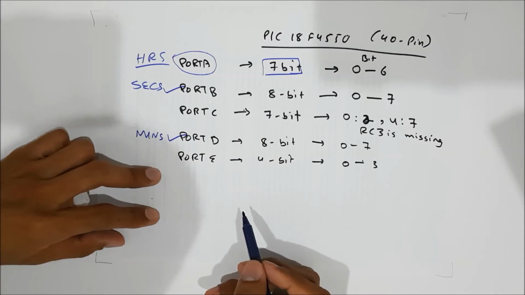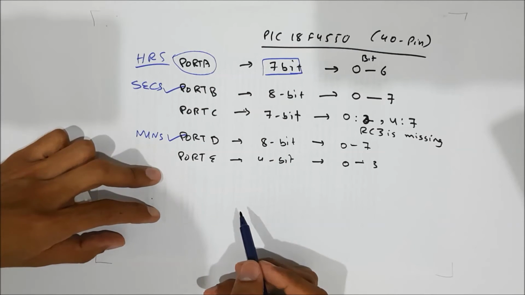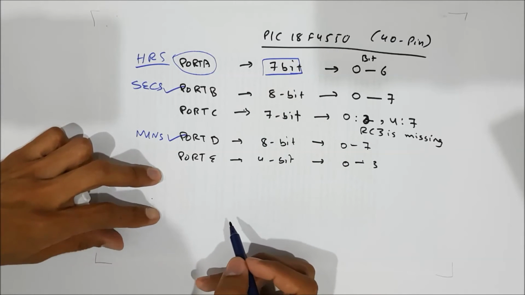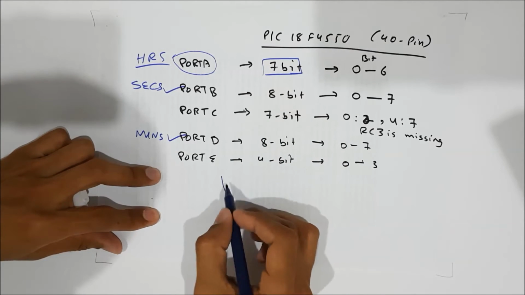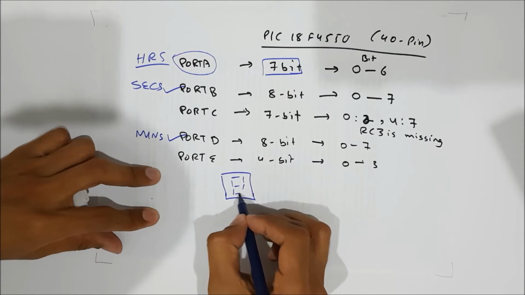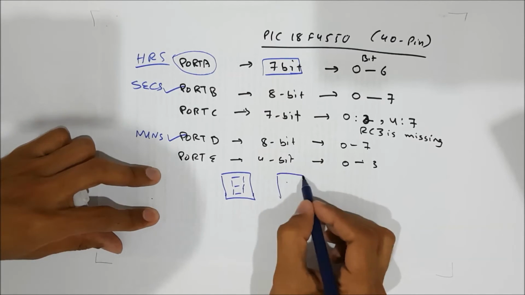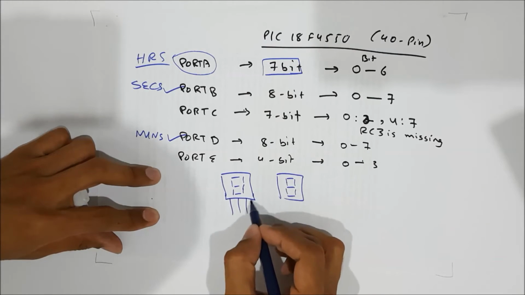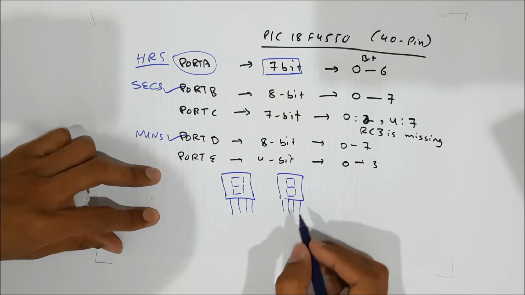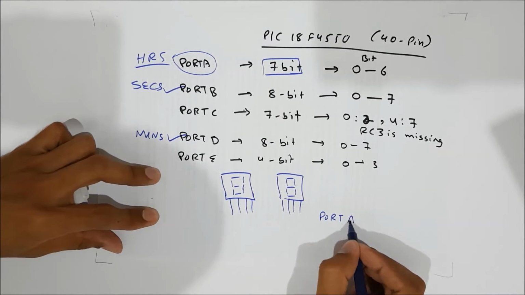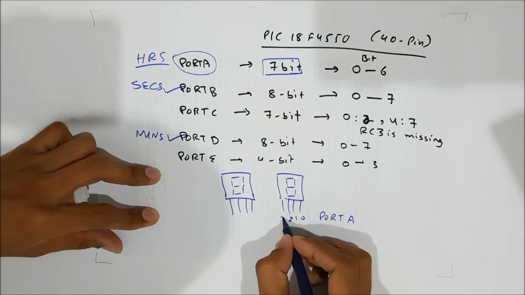How can we use port A for hours even if it is a 7-bit port? Wouldn't it cause any issues? Let's see. This is your 7-segment display, BCD to 7-segment, with a built-in BCD to 7-segment decoder. So let's assume this is port A 0, 1, 2, 3.